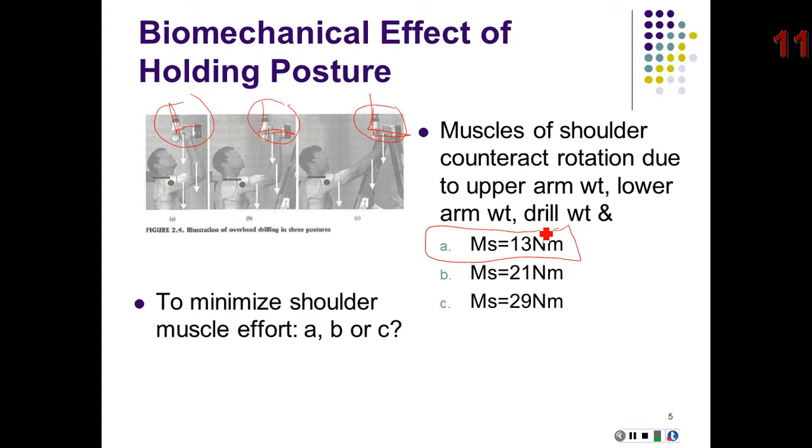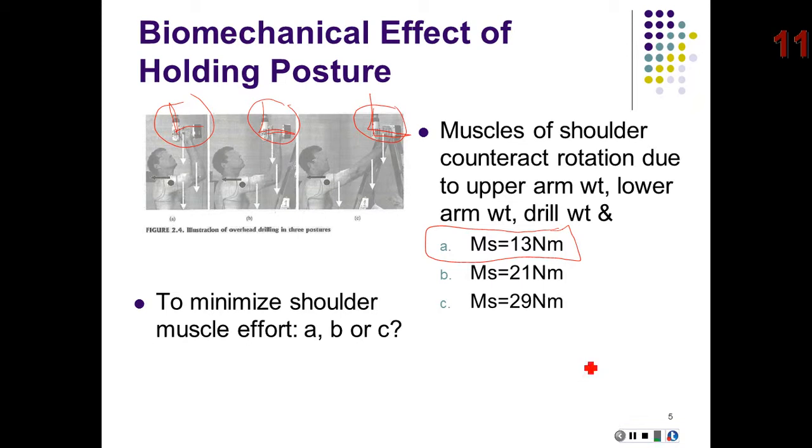So to minimize shoulder effort, hold the load close to your body whenever you're working overhead. Now you're probably telling me, well, safety considerations, you can see the drill is real close to his face, you can see that it's causing bad wrist posture, and so on. So yes, you do have other considerations, but if we're looking at simply effort of the shoulder, because working overhead is so hard on your body, we would need to go with case A to minimize muscular effort.